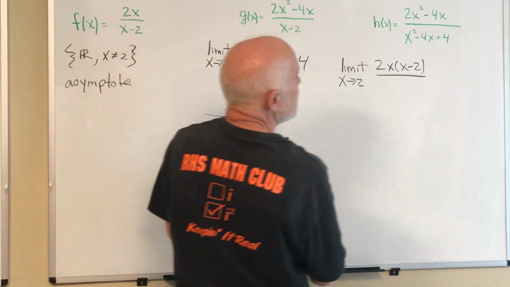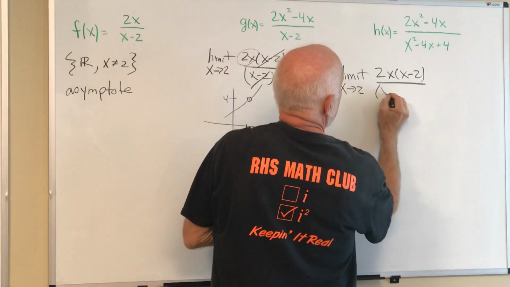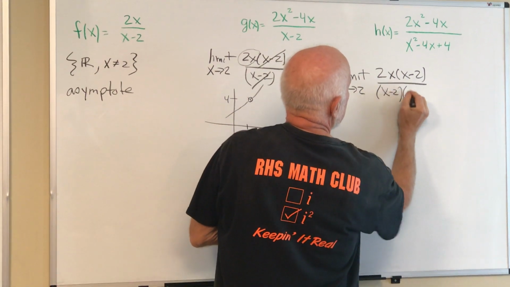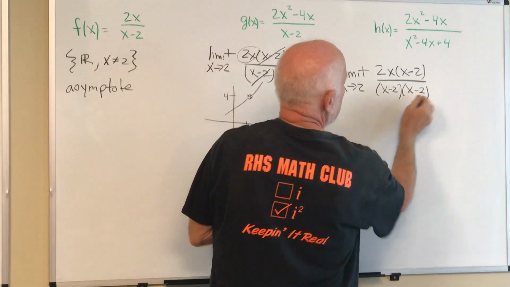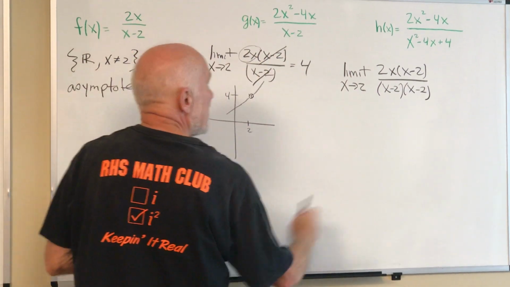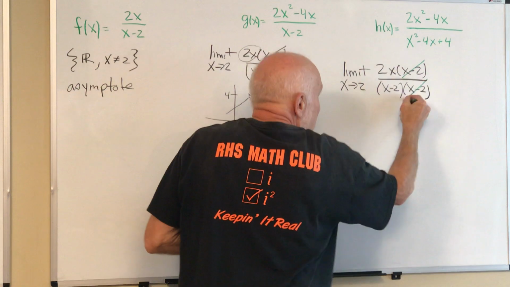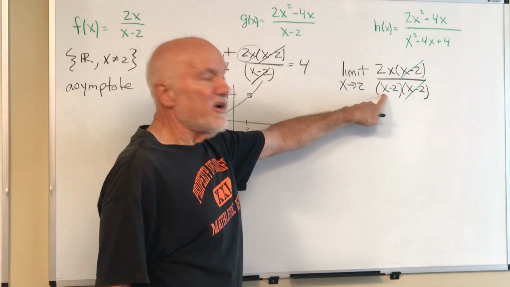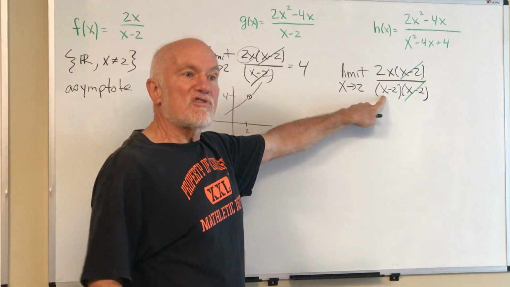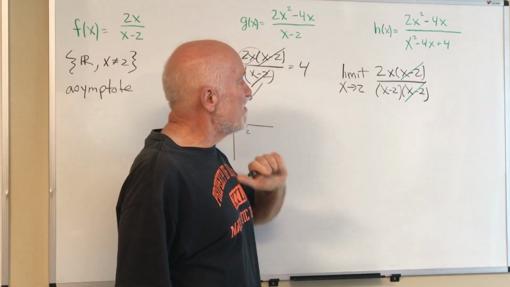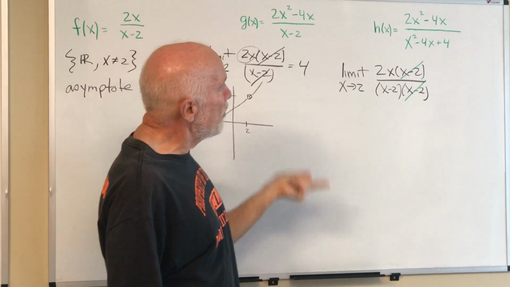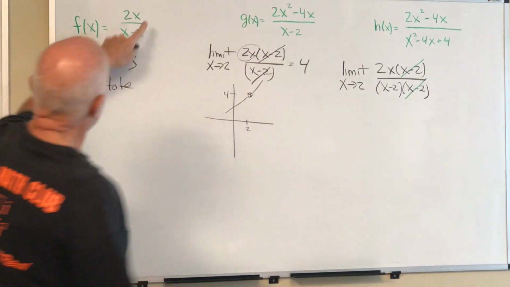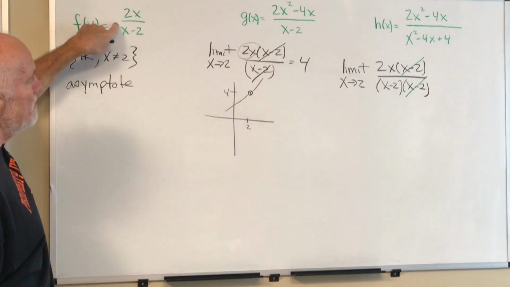But now what can we do to the denominator? That's x minus 2 times x minus 2. And yes, we can cancel out these factors, but I still have another factor of x minus 2 that doesn't cancel out. So as x gets close to 2, you're in the same situation you were back here.